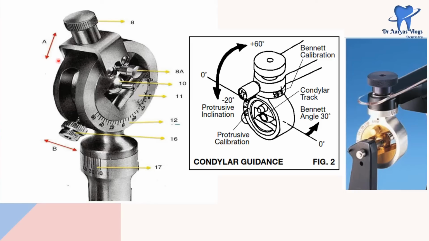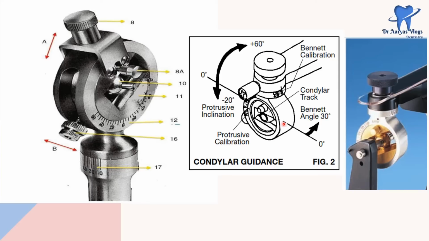And for adjusting the lateral condylar inclination, it is moved right and left as shown in this figure. And for zeroing of the articulator, these angles are set at 30 degrees.